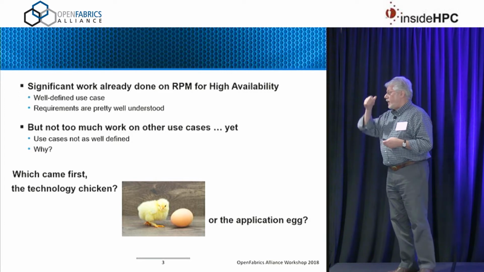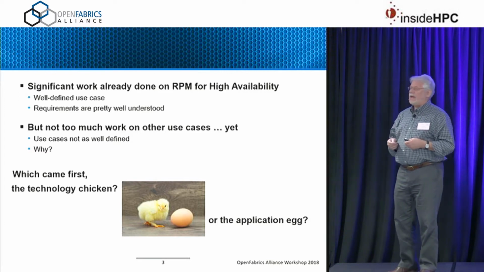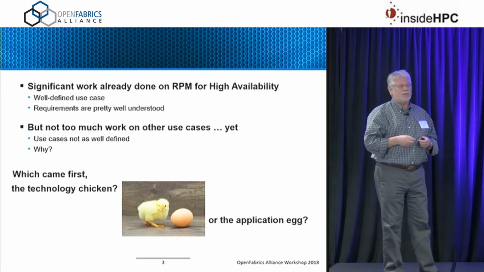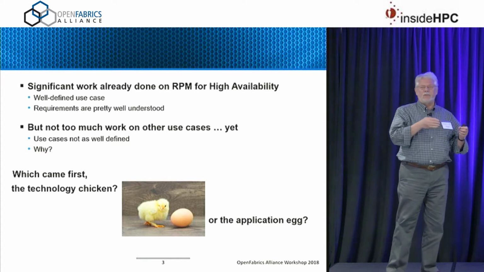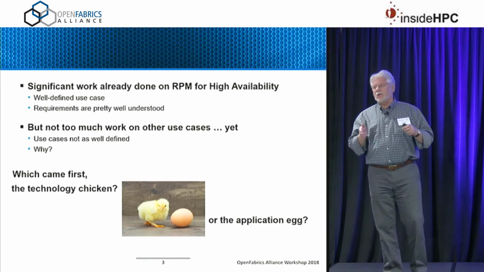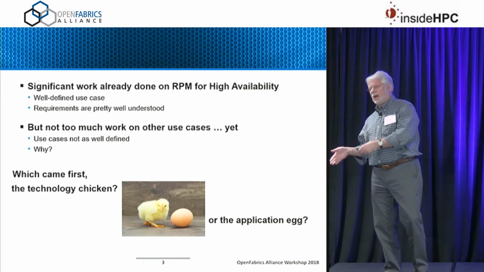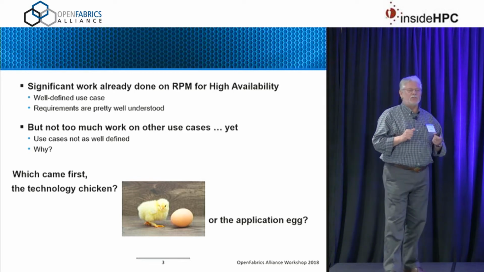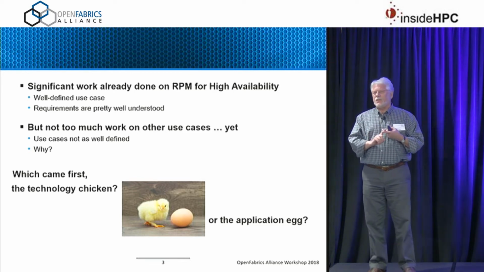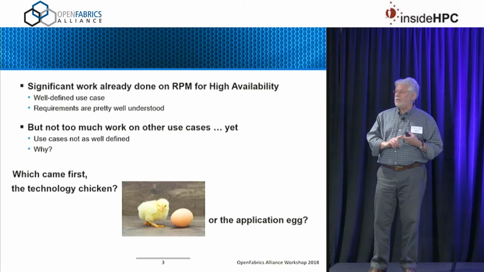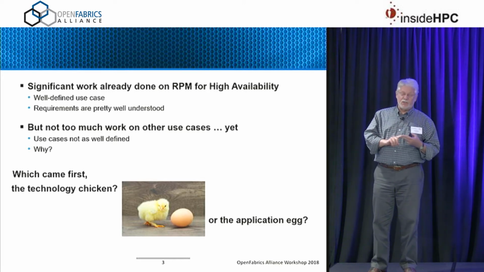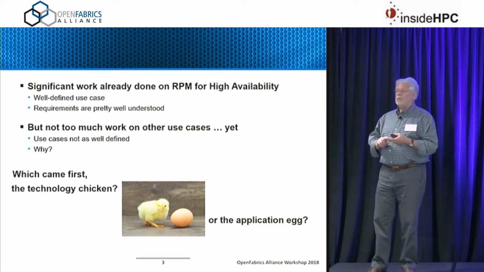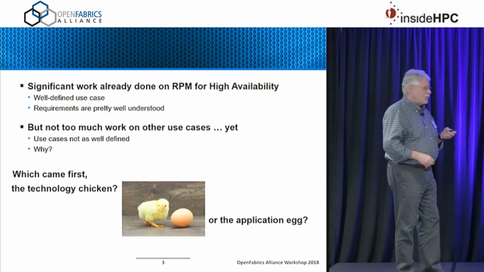See if we can't define some further use cases and understand what that's going to mean in terms of the technology, and then try to reflect those use cases in a set of requirements which will be used to drive APIs, which hopefully will encourage 2 things: the development of fabrics that will support this better than current fabrics do, or extensions to current fabrics, and it will encourage application developers to start to move ahead.